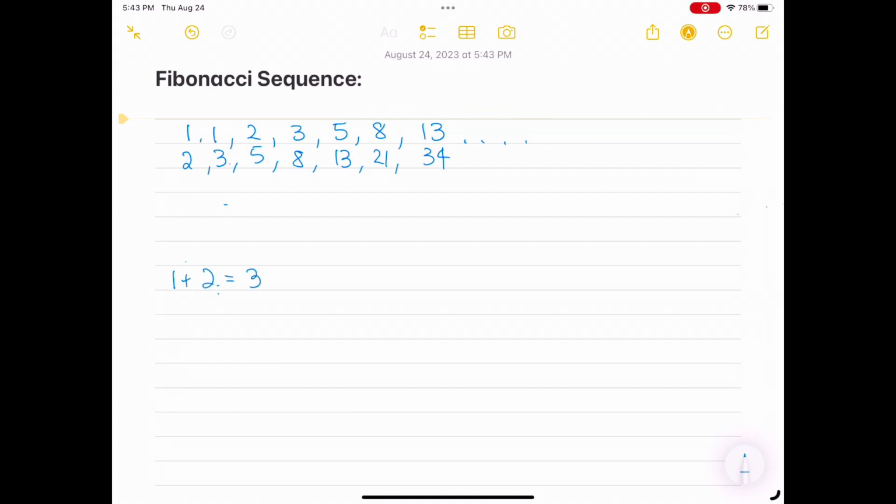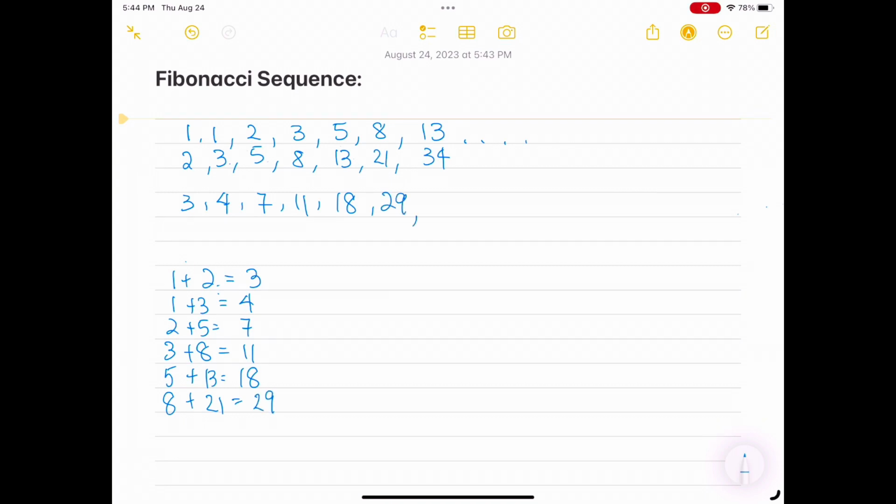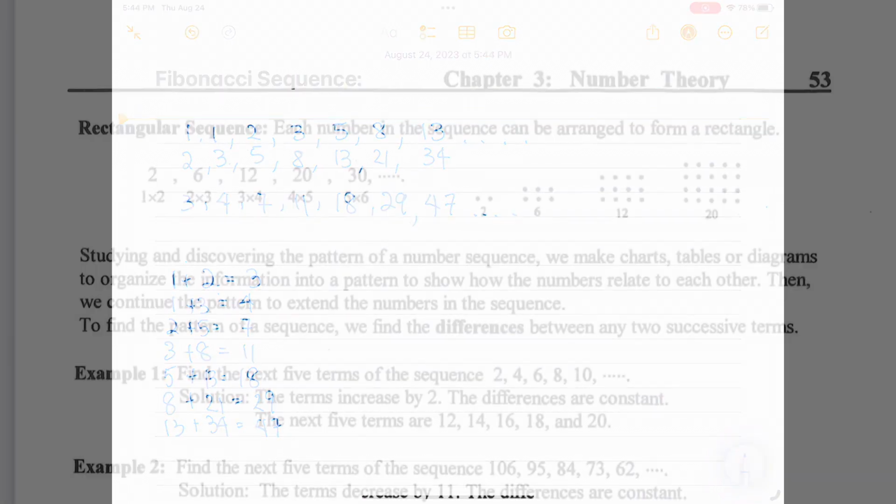So 1 plus 2 equals 3, 1 plus 3 equals 4, 2 plus 5 equals 7, 3 plus 8 equals 11, 5 plus 13 equals 18, 8 plus 21 equals 29, and 13 plus 34 equals 47, and etc. The Fibonacci sequence gets more complicated beyond this point and is beyond the scope of this video.